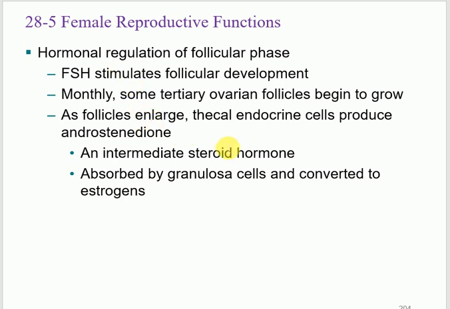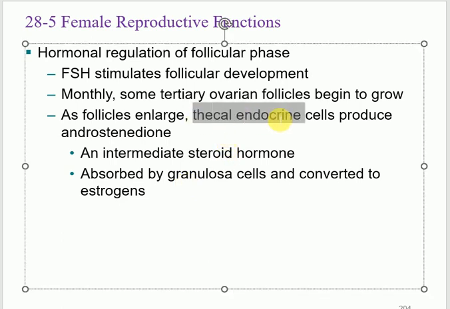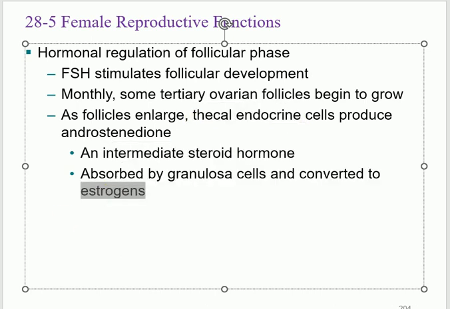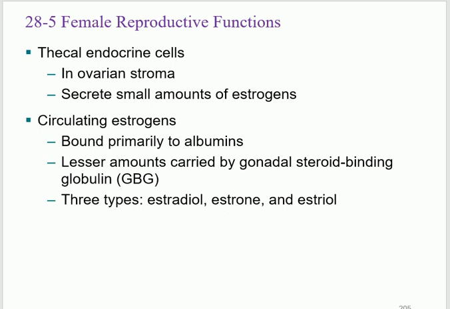And its theca cells, or thecal endocrine cells, are the ones that are going to increase secretion of the hormone estrogen. It gave you another hormone called androstenedione before it, but that's okay. Good enough to remember that the theca cells secrete estrogen. There is an intermediate, but that's okay. So this estrogen, does it just go in the blood like that?